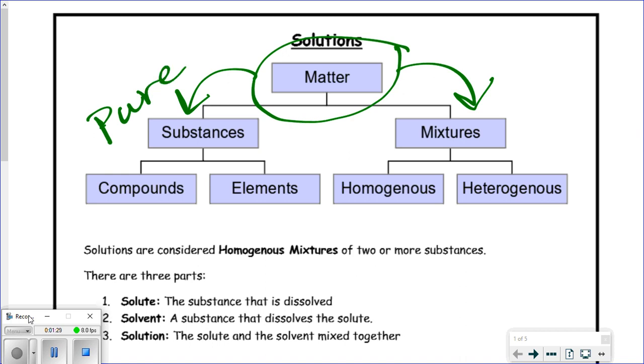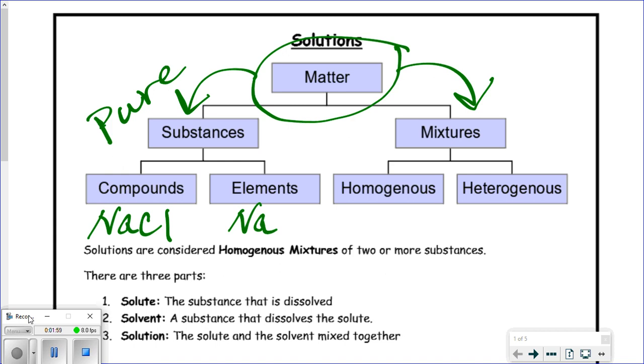The pure substances can break down into compounds or elements. Those are things that if you look on the periodic table, that's what they are. If I look on the periodic table and I have Na, that is sodium, right? A compound would be NaCl. So those are the things that you see on the periodic table. That's a pure substance. It cannot be broken down unless you had a chemical reaction.